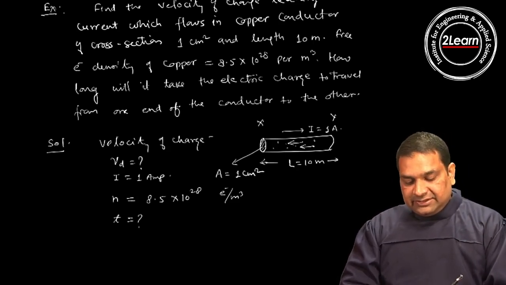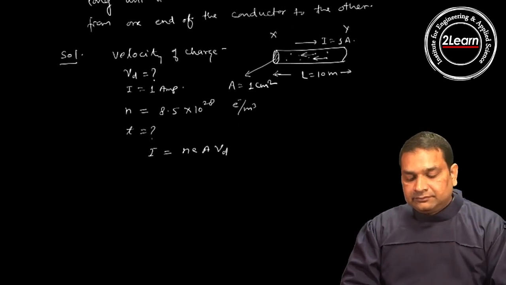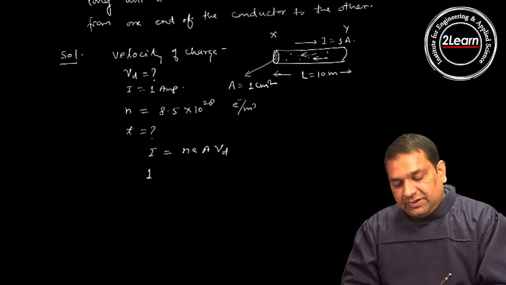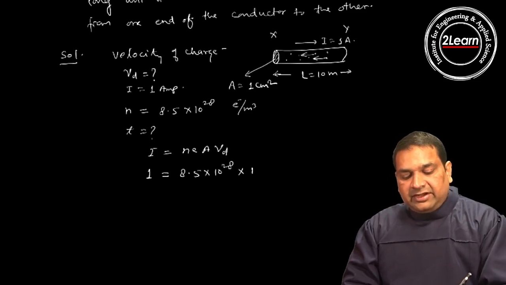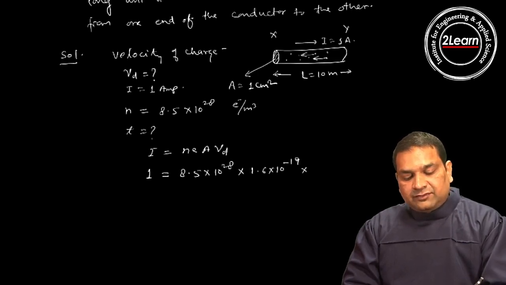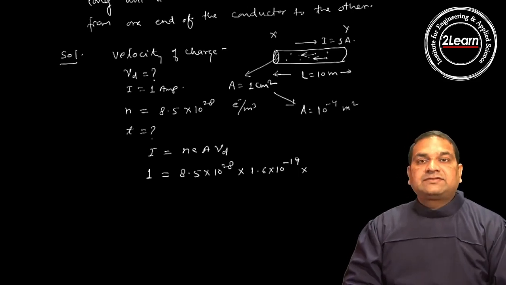Now we have the relation I equals N E A V D. So current is given as 1 ampere, electron density 8.5 into 10 raised to power 28, charge on one electron is 1.6 into 10 raised to power minus 19, and area is 1 centimeter square, so area is equal to 10 raised to power minus 4 meter square.